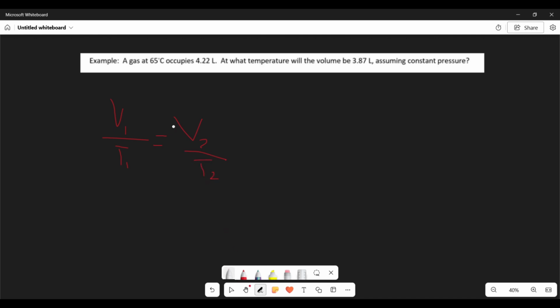And so in our problem right here, we have our T1. Here we have our V1. This is volume, liters is volume. And here we have V2, but we don't have T2. T2 is completely unknown.